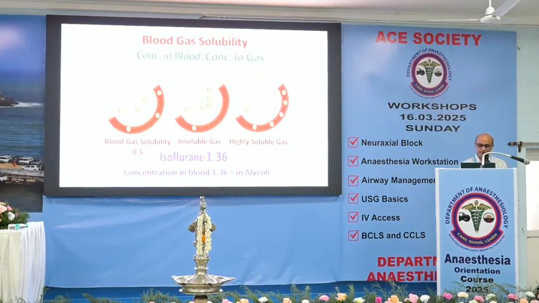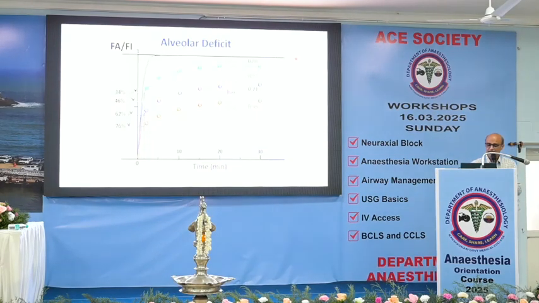This much concentration of isoflurane in blood, which should be more than in the alveoli, will produce equilibration of partial pressures. Am I clear? So the concentration of the isoflurane has to be much higher in the blood, almost 1.36 times that in the alveoli, to produce equilibration of your partial pressures for it to exert an effect. That is what the blood gas coefficient tells you.